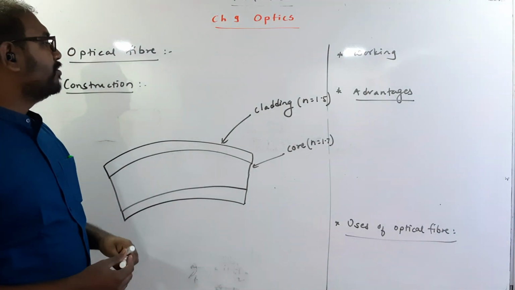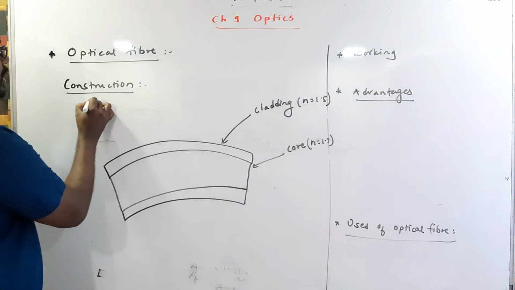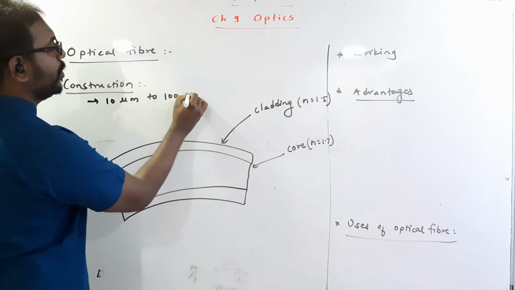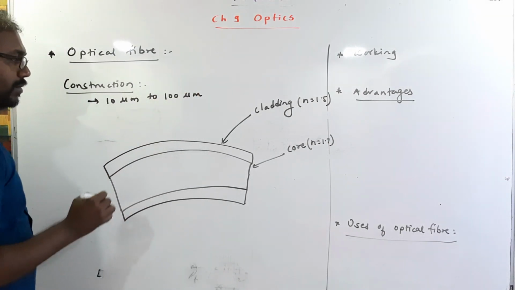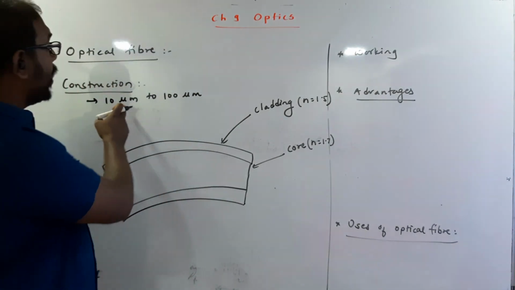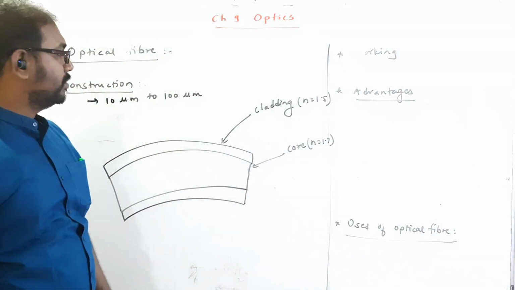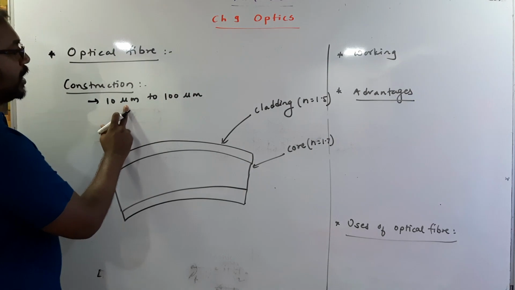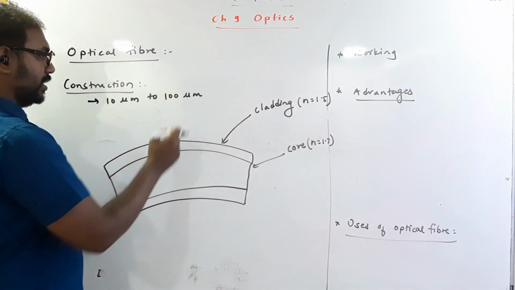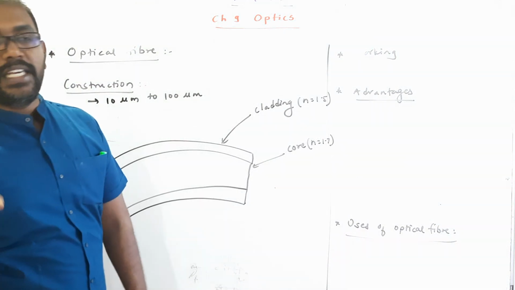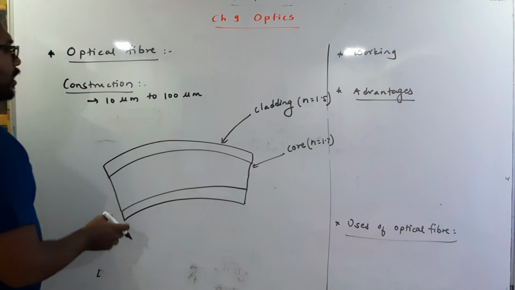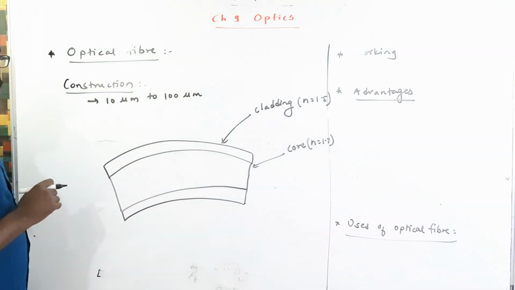The diameter of this optical fiber cable is about 10 micrometer to 100 micrometer, so it is very thin. 10 micro means 10 into 10 raised to minus 6 meter, and 100 into 10 raised to minus 6 meter. So it has a very small diameter. This is the construction of the optical fiber.